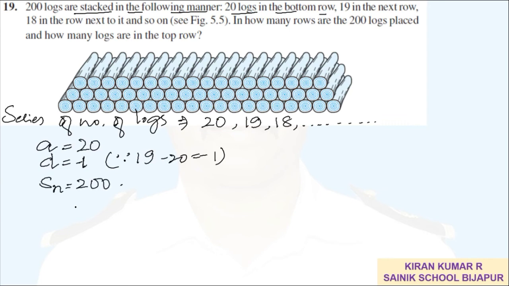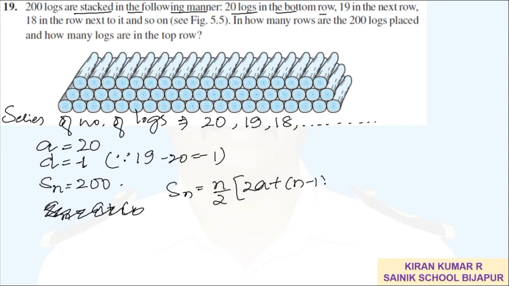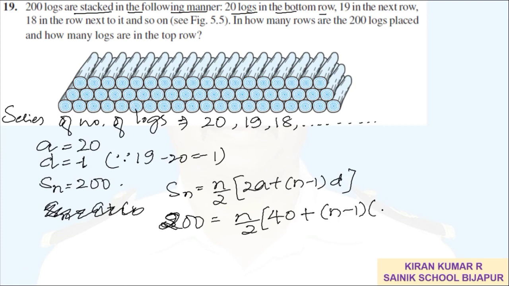I can make use of the formula Sn equal to n by 2 times of 2a plus n minus 1 into d. I will substitute Sn is 200, which will be n by 2 times of 2a is 40 plus n minus 1 into -1.